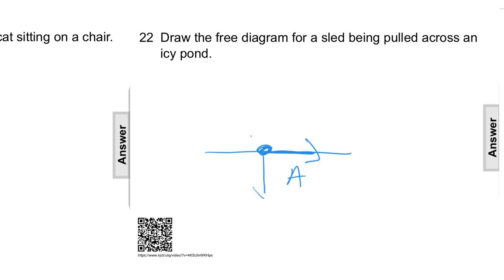And here's the weight, of course. And here's the normal force, which should be equal. I draw the XY axis just so I have a reference. You're not going to draw friction because on ice there might be a little bit of friction, but usually if it's on ice, there's hardly any friction.